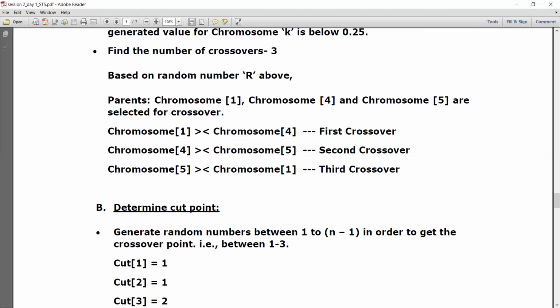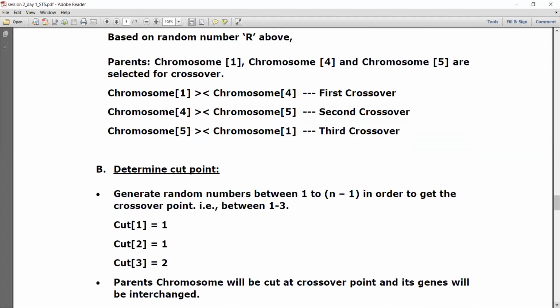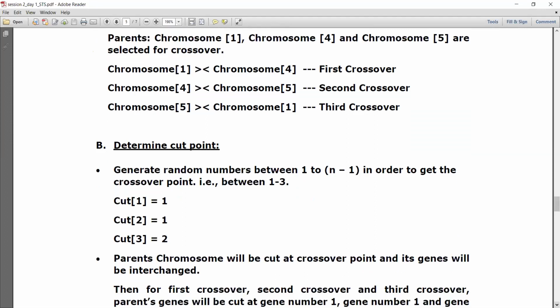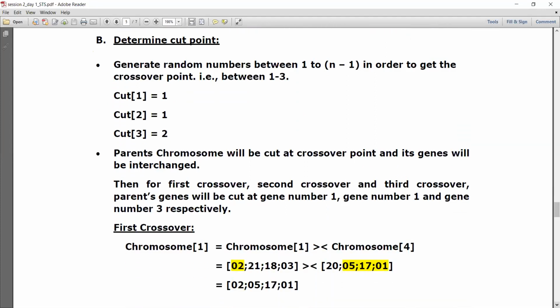They are not taking part in this crossover operation. So after crossover, we will get three new solutions for positions 1, 4, 5. So now what is that first crossover? We have 3 crossovers: first, second and third. Now let us see the first crossover.